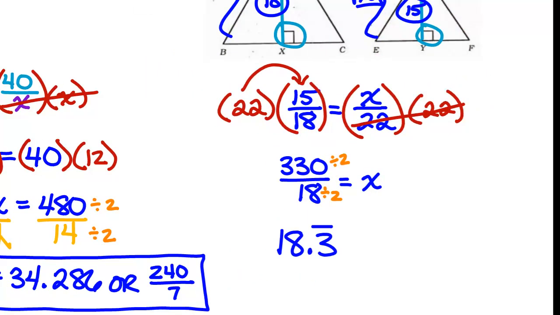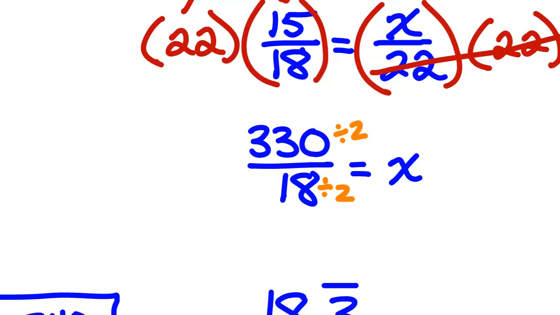What is 330 divided by 2? 165. And 18 divided by 2? 9. I have to see if that's fully simplified now. So 9 is the smaller number. Let's start with that. What kind of numbers go into 9? 3 and 9, right?